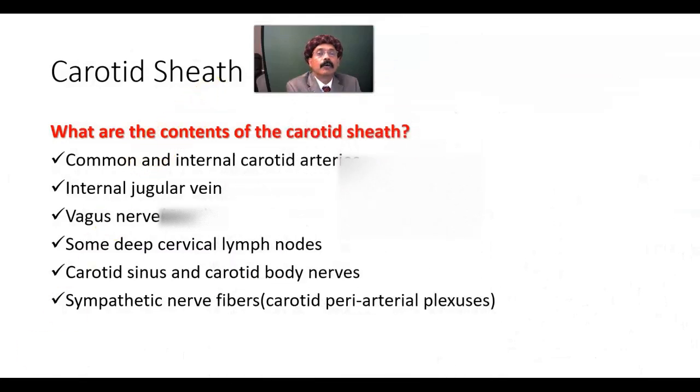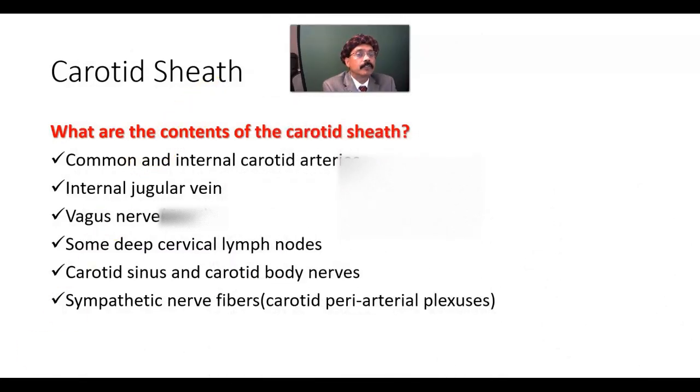Now again we'll summarize. The carotid sheath is formed by the deep cervical fascia. Deep cervical fascia has three layers: the investing layer, the pretracheal layer, and the prevertebral layer. All these layers contribute to the formation of this tubular sheath that extends from the base of the skull to the root of the neck.